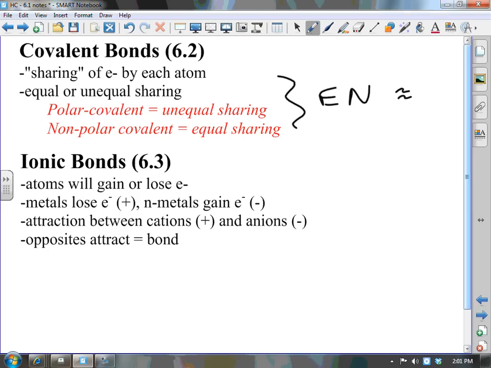Now, if it's polar covalent, they may not be as close because there's unequal sharing. If they're nonpolar covalent, that means that the values are probably almost identical. If they're ionic, then that means the electronegativities aren't even close to each other, because we've got something dominant that's going to take and something dominant that's going to lose. So we'll get the extreme, the opposites.